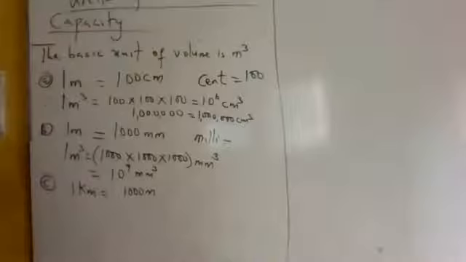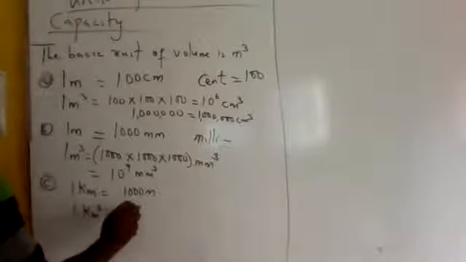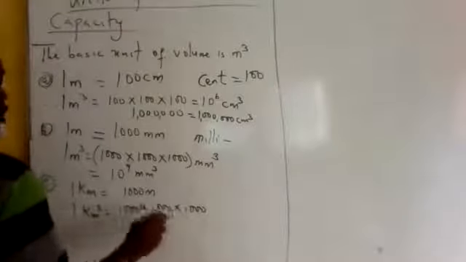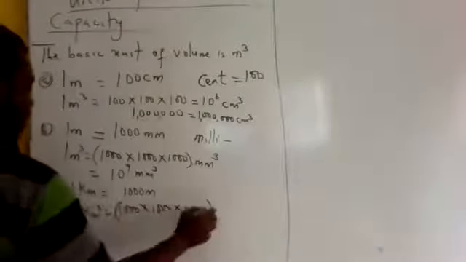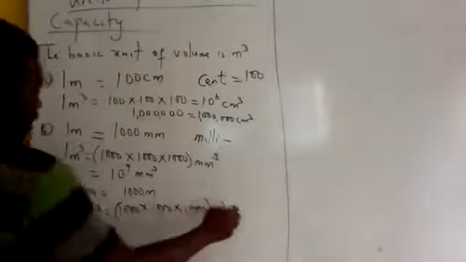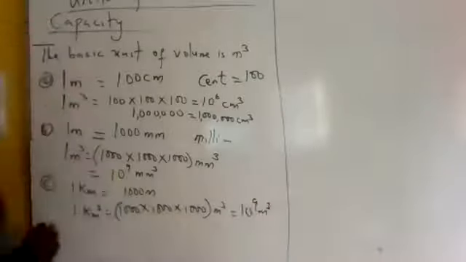So that means if you have 1 kilometer cube, that will be 1,000 times 1,000 times 1,000, all in meter cube. Of course, that will be 10 raised to the power of 9 meter cube.